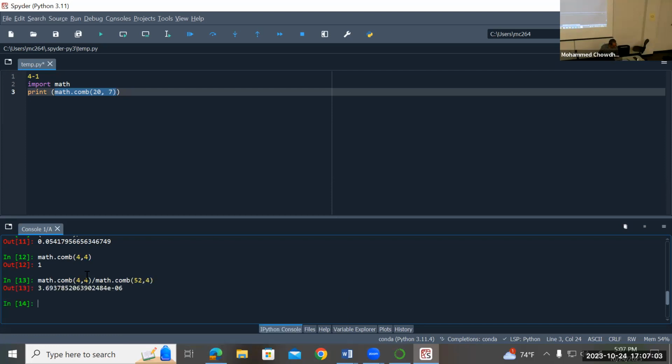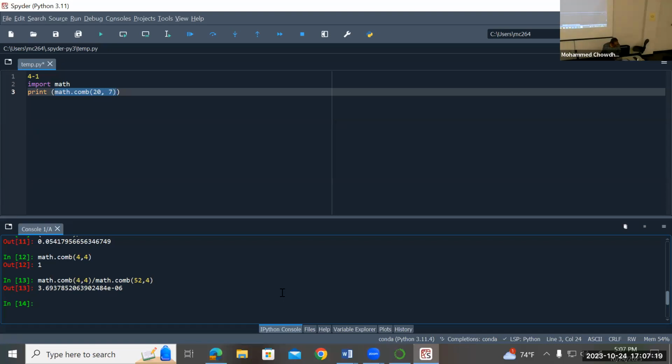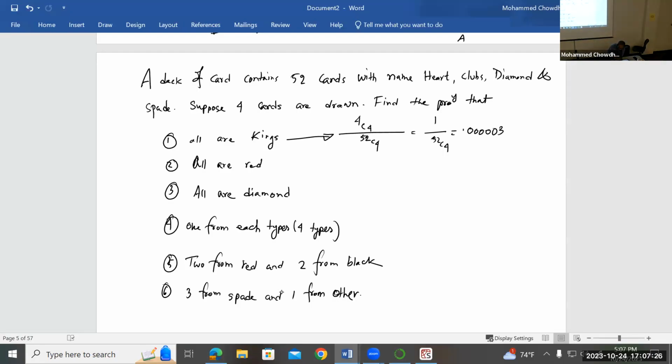Very small probability, 6 zeros. So the probability is 0.00000369.